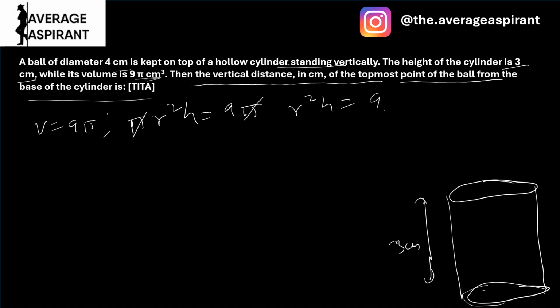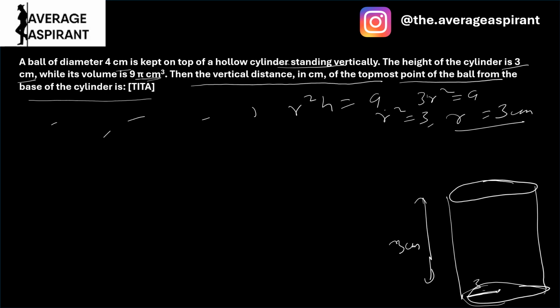And h is 3. So 3r square is equal to 9. So r square is 3, and r is root 3 because it cannot be minus, it is a radius.